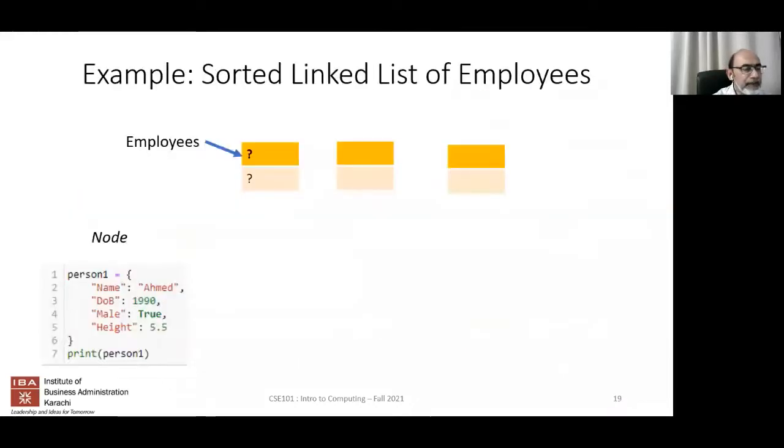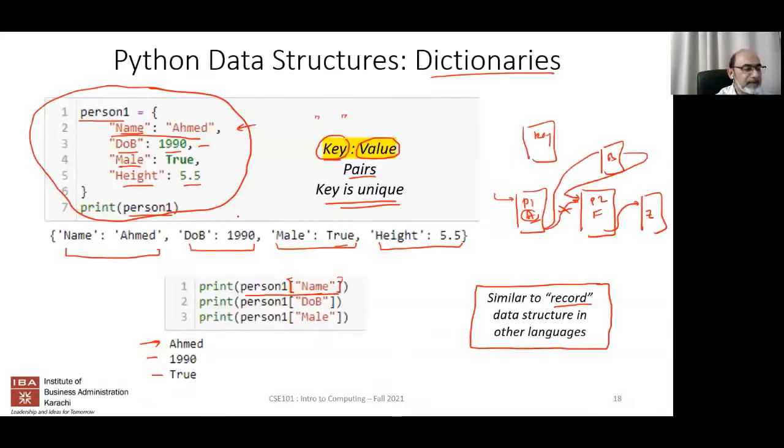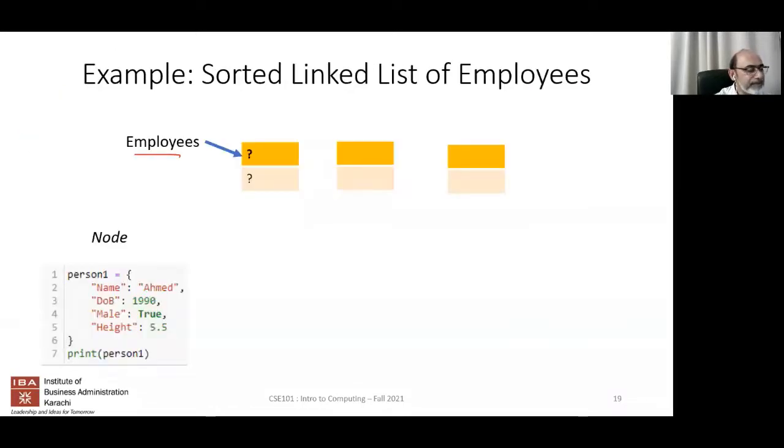So now let's say that this is the linked list, and this is pointing to each one of these persons. Now, can somebody tell me how this person should be represented in memory? We can see that there's a name and there are different values.